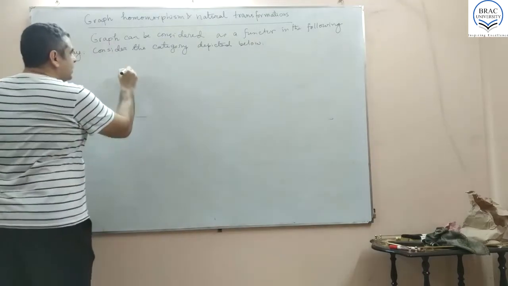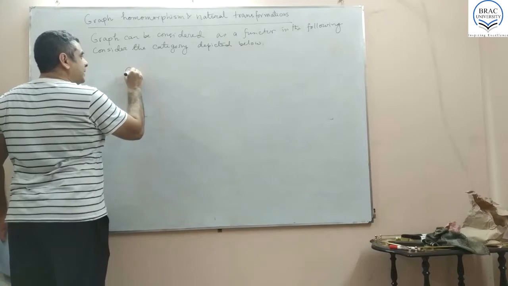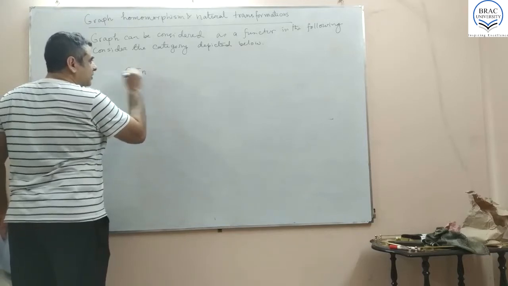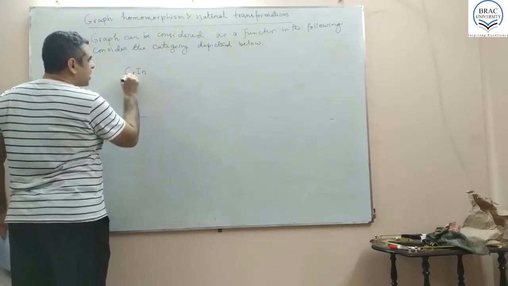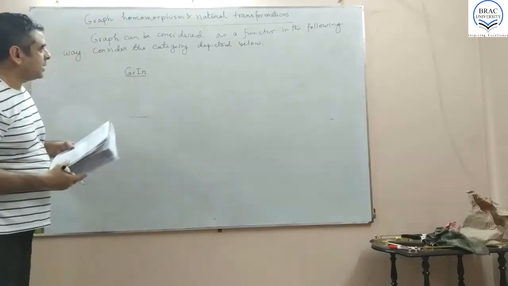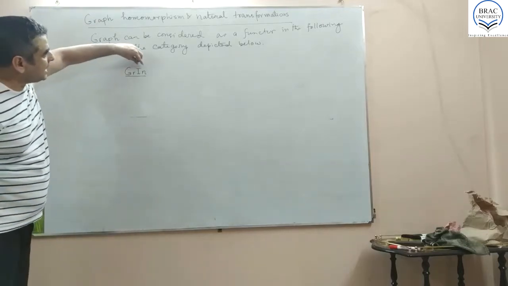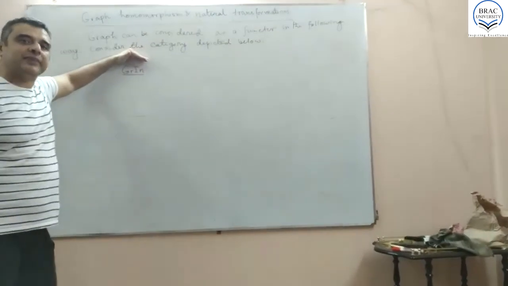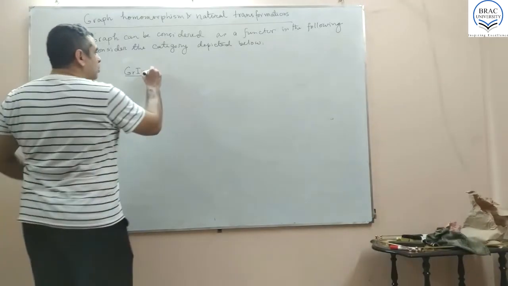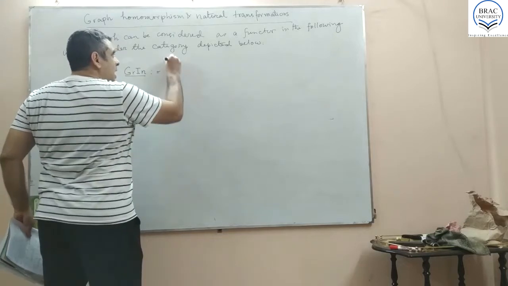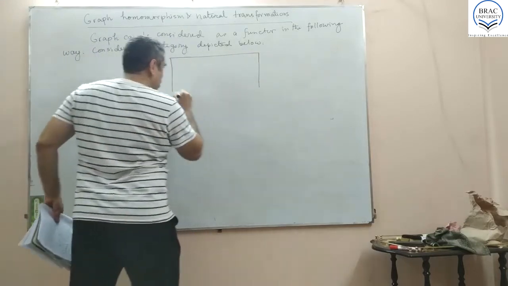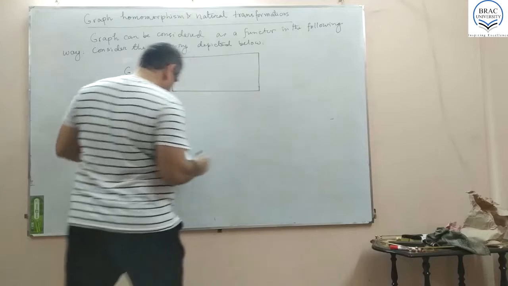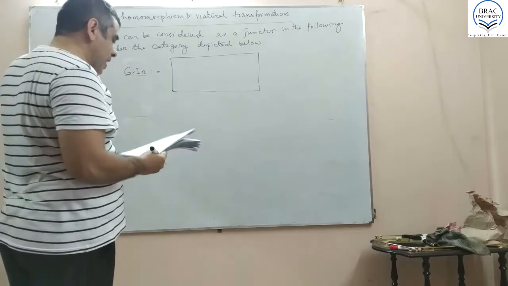So I'm going to denote this category with GRIN, abbreviating graph indexing category. This category will be called the graph indexing category, and it looks like a graph with 2 vertices and 4 arrows.